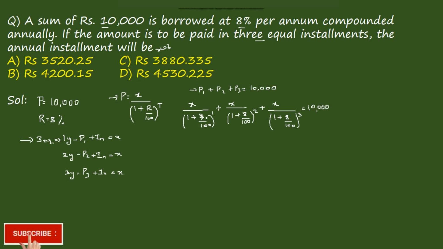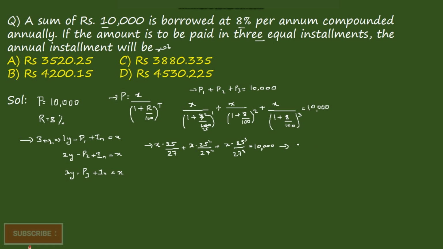So 1 plus 8 by 100 goes to 27 by 25. Just substitute the values. We get x into 25 by 27 plus x into 25 square by 27 square plus x into 25 cube by 27 cube is equal to 10,000.